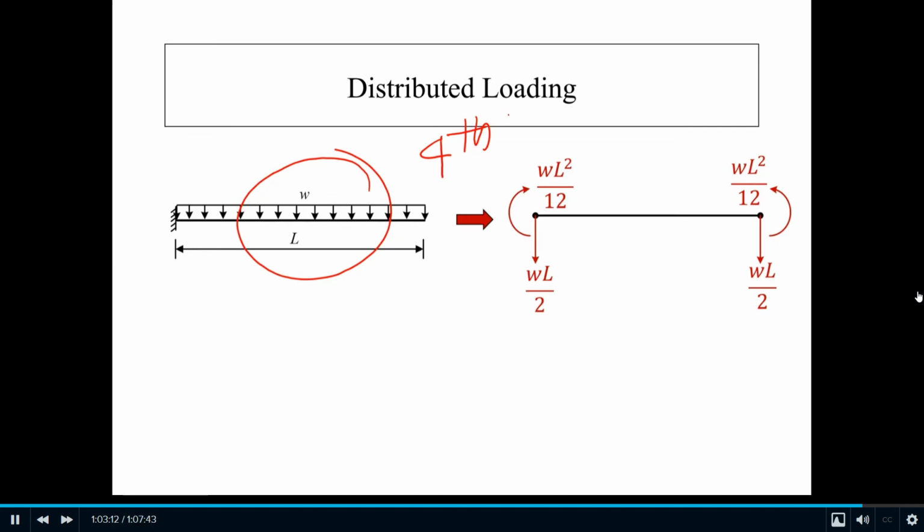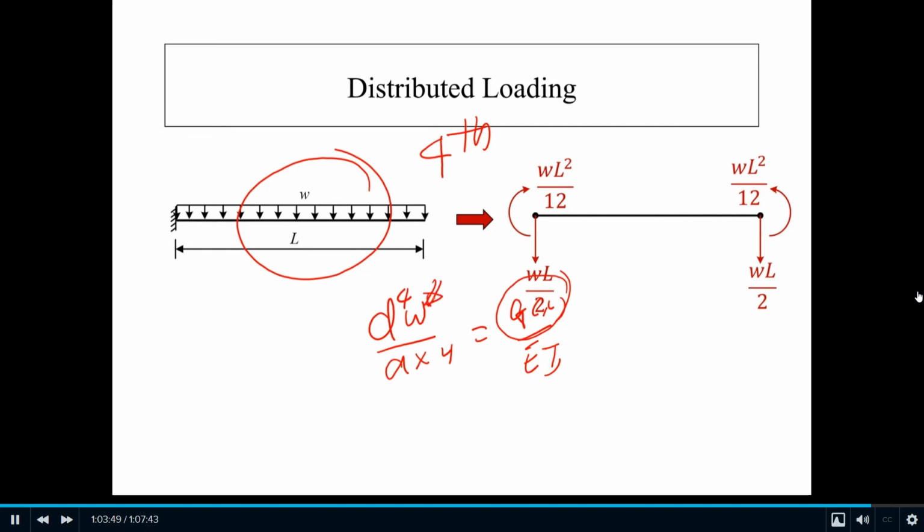So why is it order 4? You have to go back to the beam equation. The equation is something like this, with the fourth derivative of w equal to q(x). If you have a given constant loading, it means that w must be order 4.